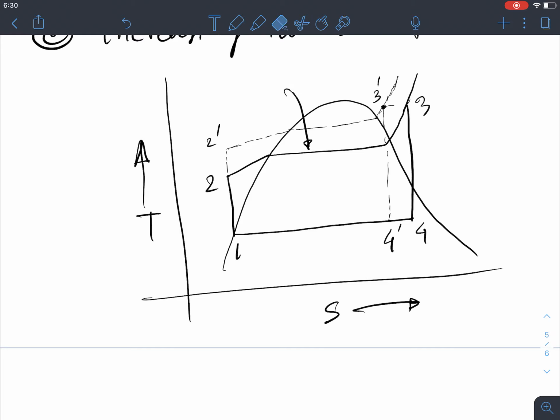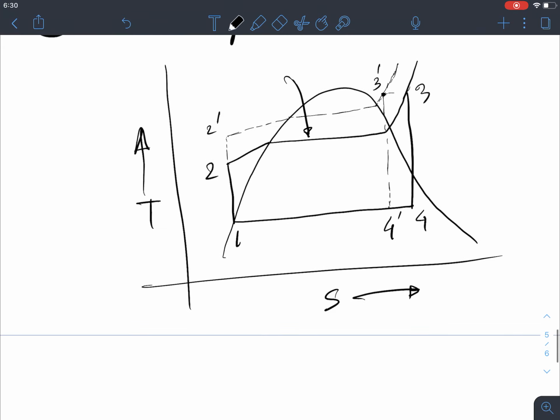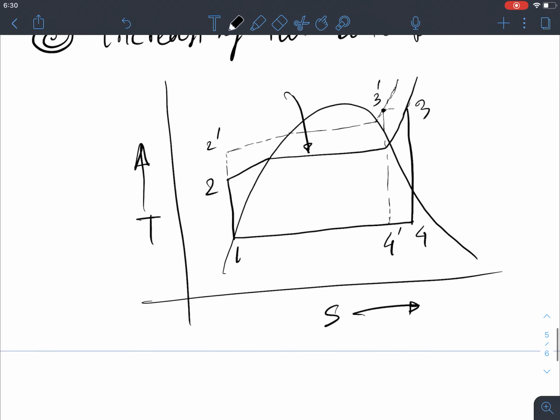If we increase the boiler pressure, what is happening here? Basically if the pressure of the boiler increases, then the boiling point of the working fluid also increases. Thus it will generate the steam.